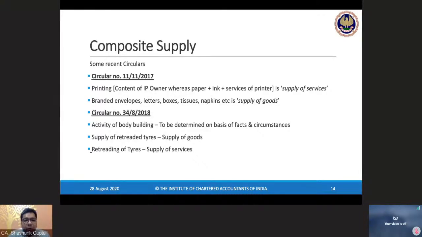Next is the activity of bodybuilding. Not the bodybuilding of going to the gym, but bodybuilding of a bus. Here they've given a very interesting clarification: to be determined on the basis of facts and circumstances. Facts and circumstances meaning, if someone has only taken services and the material for building has been supplied by him, it will be a service transaction.